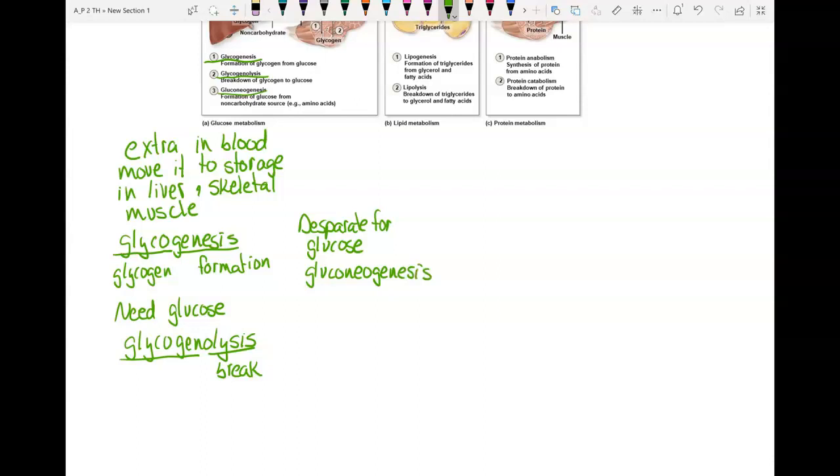So genesis, remember, is formation. Neo means new, and the gluco for glucose. So this means you're going to make new glucose. And it's new glucose because it wasn't a carbohydrate. It was most likely an amino acid that has been turned into the carbohydrate glucose.